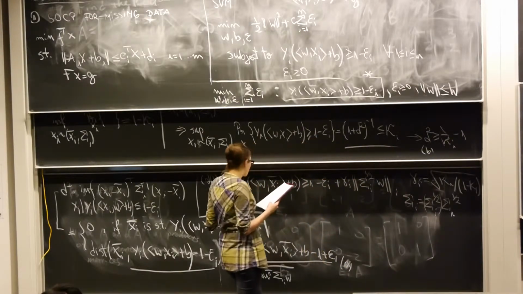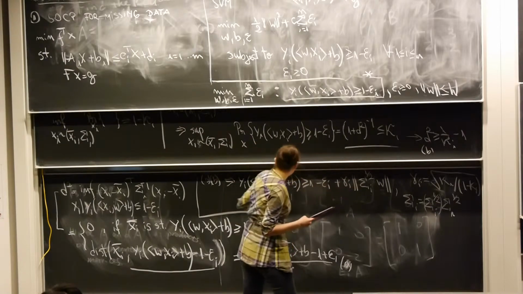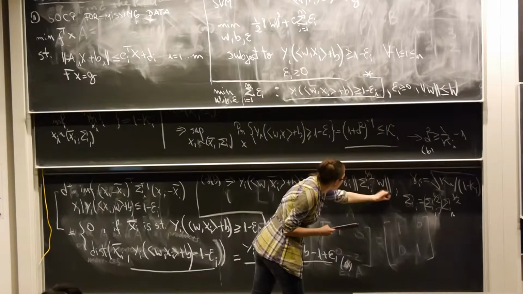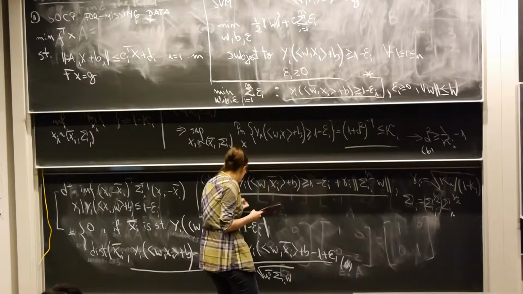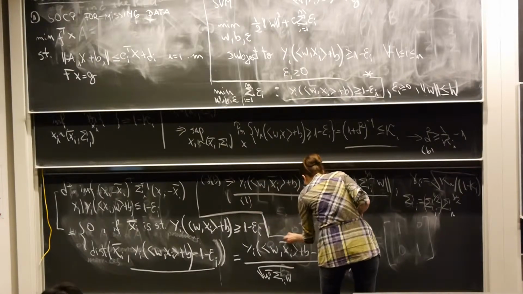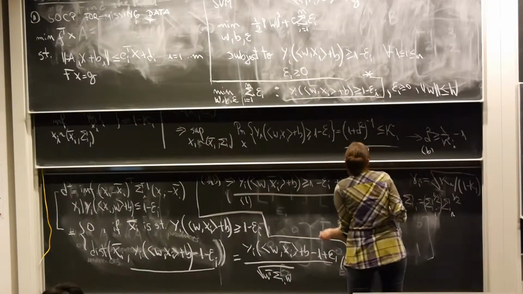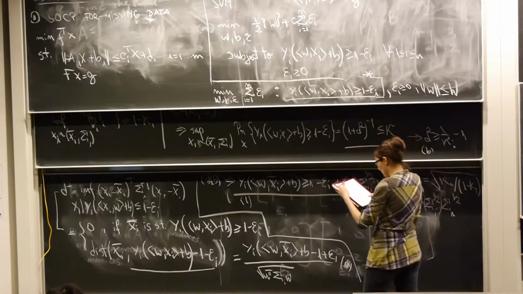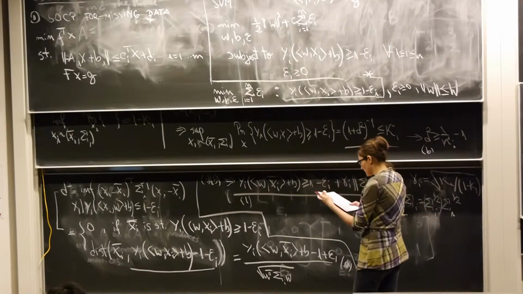And we're going to call this whole thing constraint 1. Like this entire thing is 1. And finally, by using this instead of this probabilistic constraint, we get the final version of our SOCP.